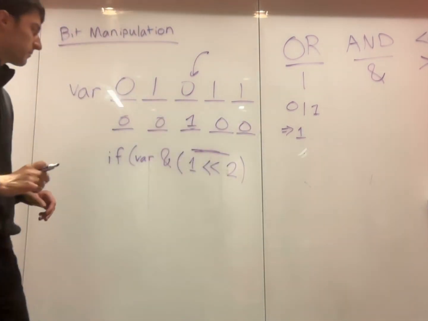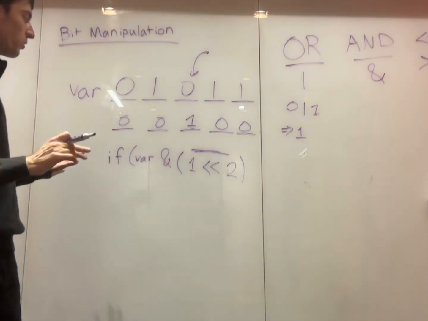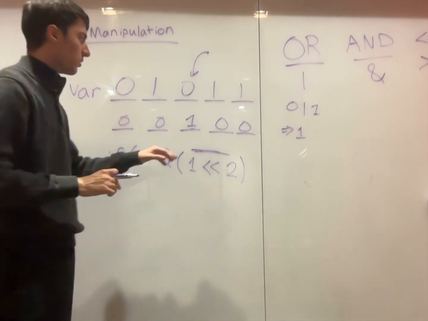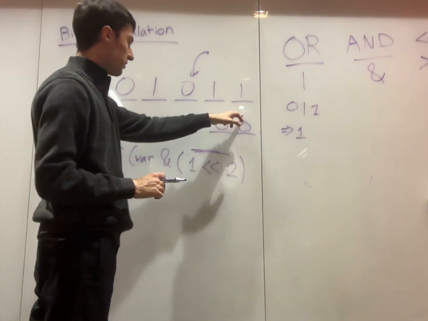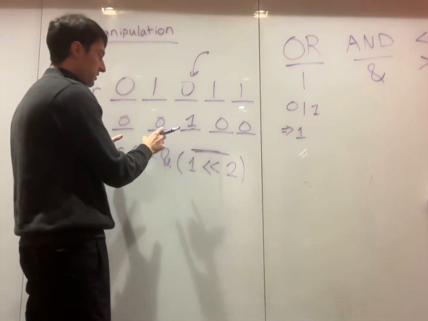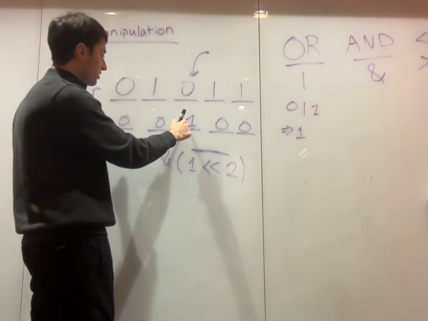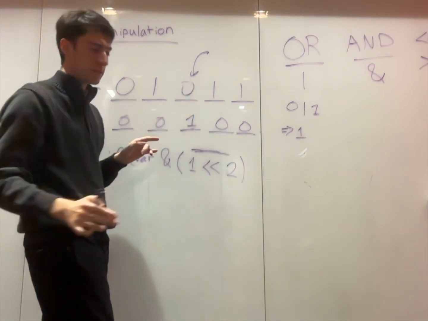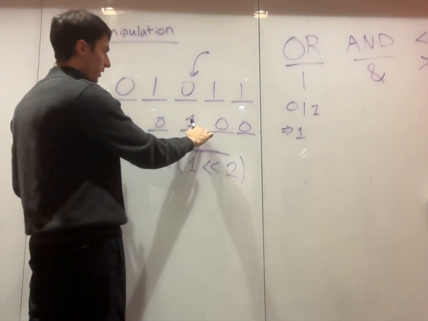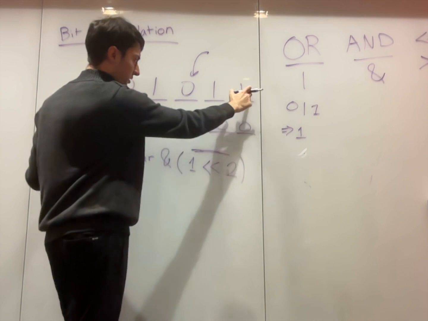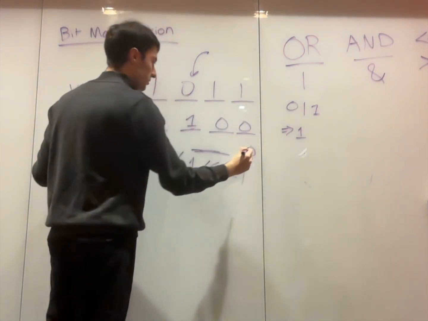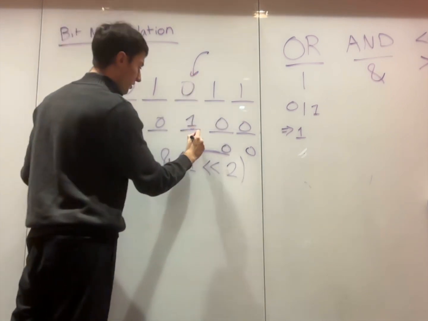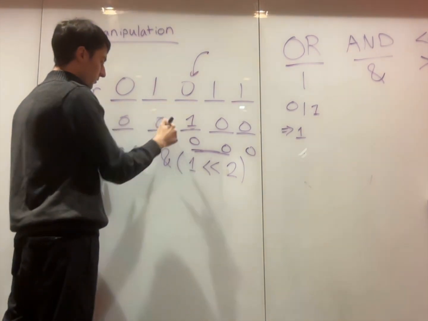0, 0. So what did we just do? What's going to be the result of this? We're doing an and. Because all of the other places, except for the location we are interested in, are set to 0, everything else except this one is going to be 0. So this evaluates to 0, this evaluates to 0, this also evaluates to 0, and this evaluates to 0.